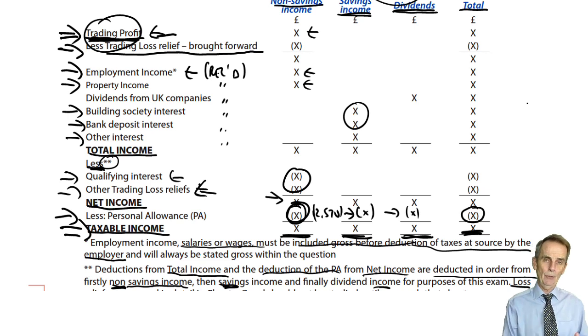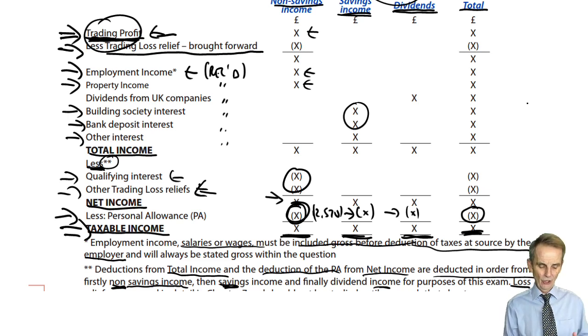What we'll then go on to do, in our next lecture together, is once we've established those figures, calculate our tax liability, and eventually, should it be necessary, the tax payable. But your first task is to get your head around the content and structure of that income tax computation.